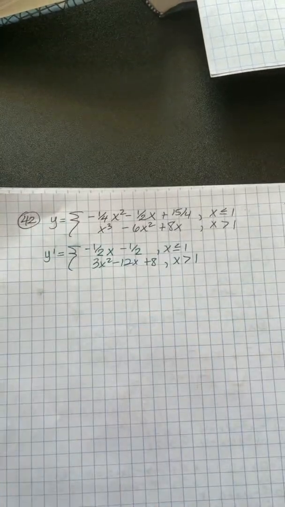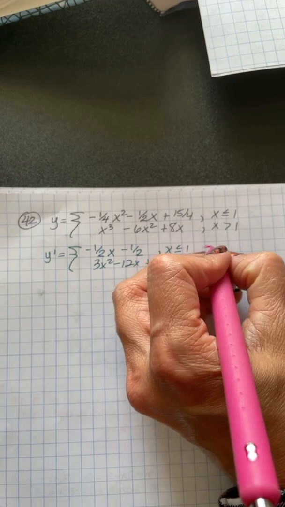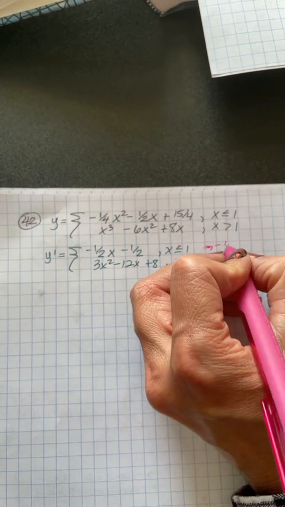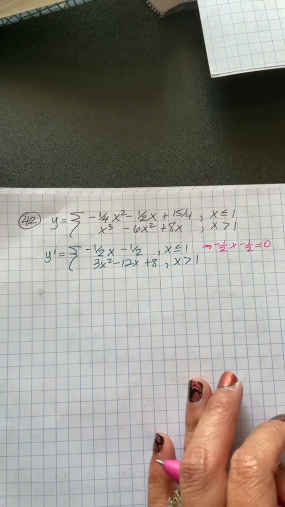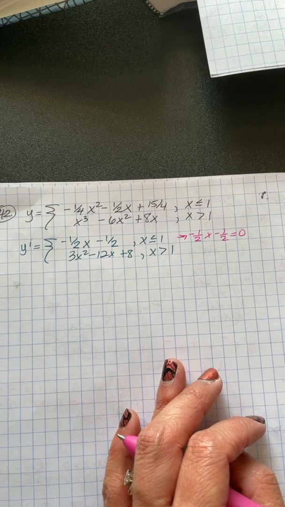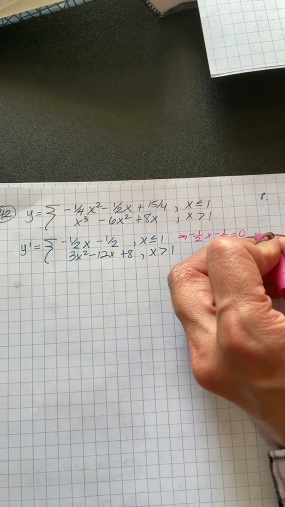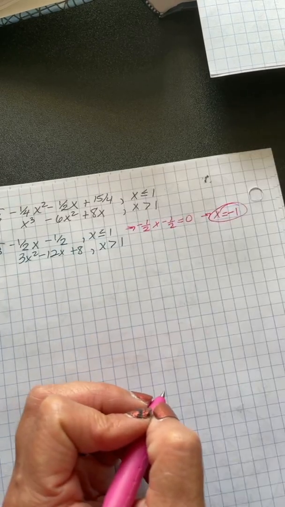Okay, let's set each of those equal to 0 and find some critical points. So -1/2 x minus 1/2 equals 0. If I add 1/2 to both sides and then divide by -1/2, a half divided by -1/2 is -1. So x equals -1. So there's a critical point.